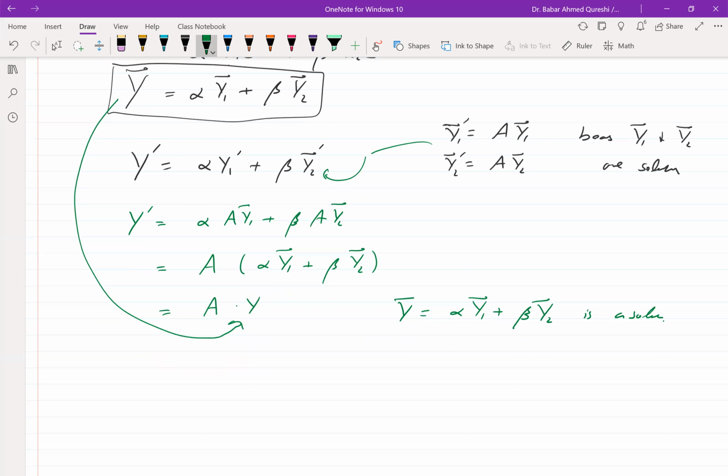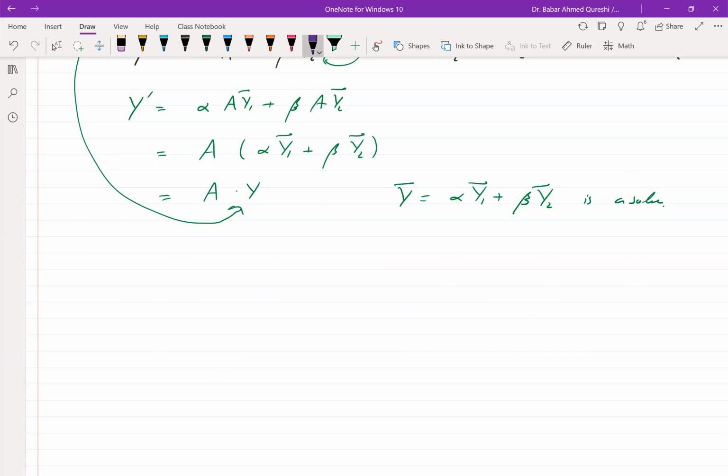So this means because I have n eigenvectors available for any matrix, the general solution would be y is equal to, for each eigenvector, I collect each eigenvector and each eigenvalue.